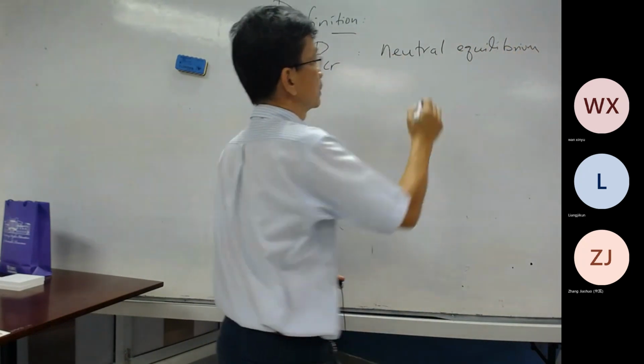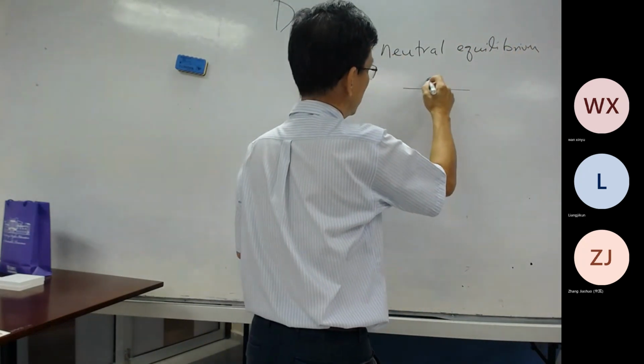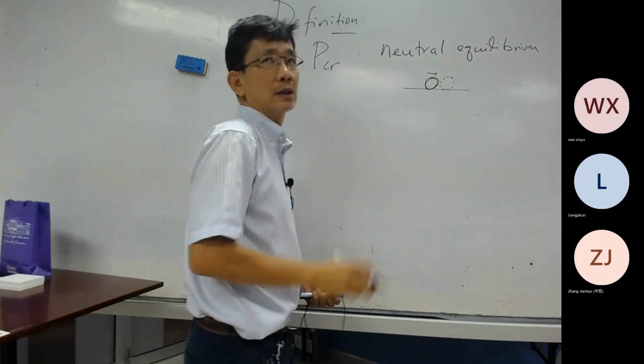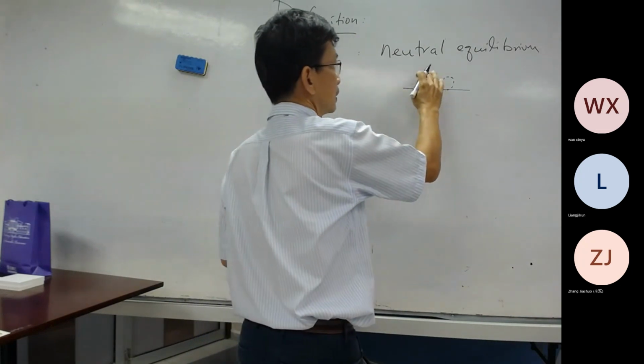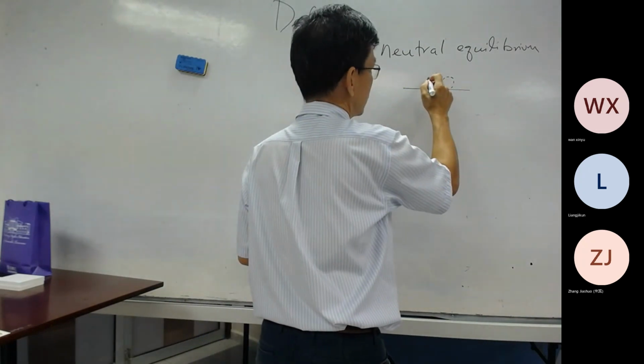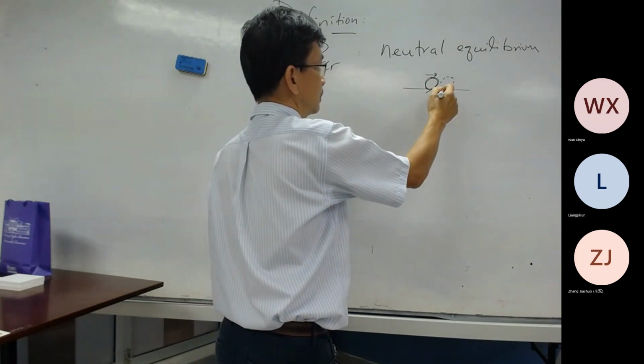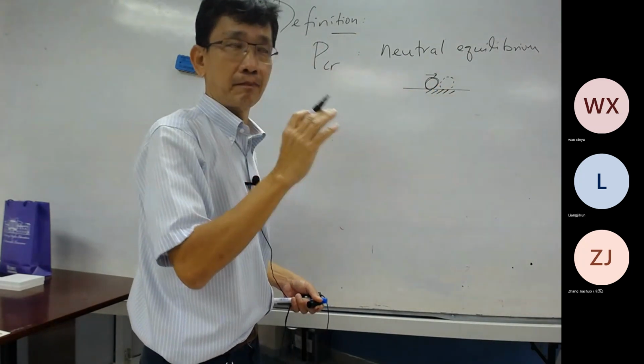Neutral equilibrium means, in the concept we had, if you disturb this, after the disturbance it goes to the neighboring position and stays there.